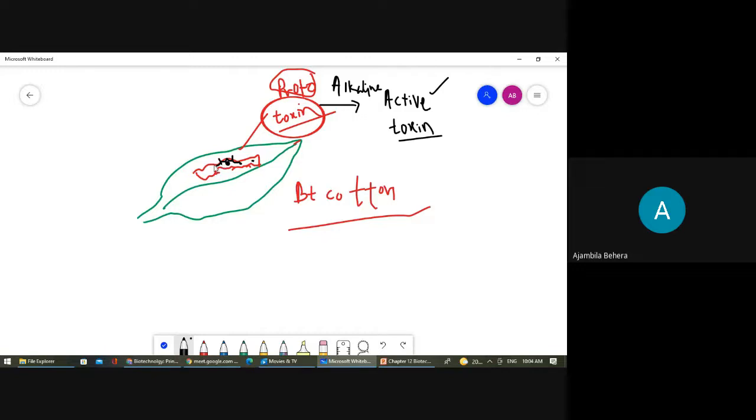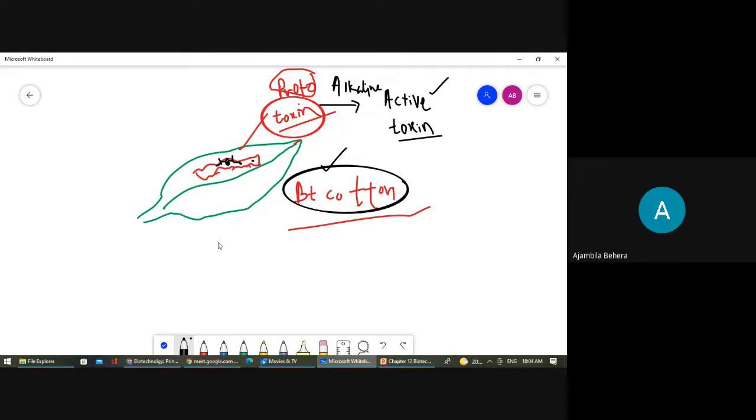This active toxin acts on the epithelial cells; those cells swell and get damaged, and you can find holes there, and this can cause the organism to die. So you all could get this. This is your BT cotton, where we transfer the BT gene.